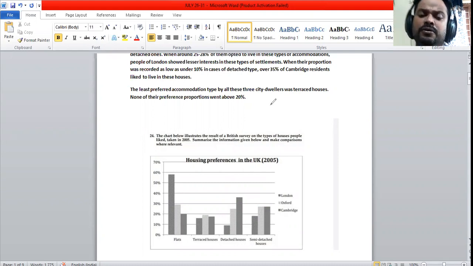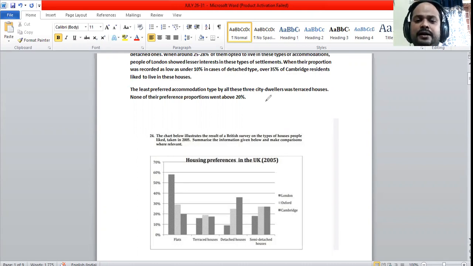If I include all the data, it will be difficult for me to summarize and compare the information properly. You don't need to go ahead with all the types and all the figures. The information should be summarized, concise, with a clear-cut overview.